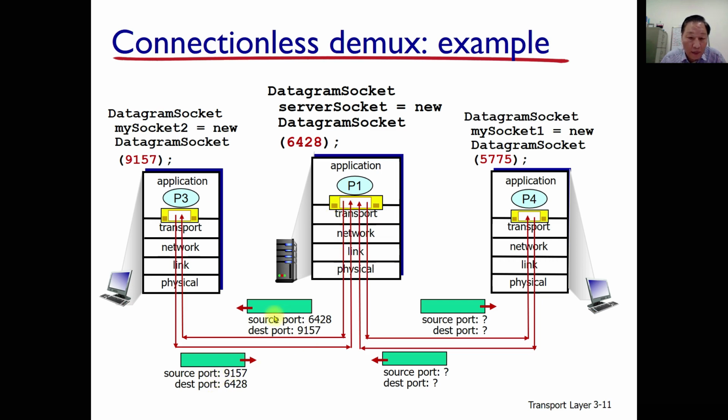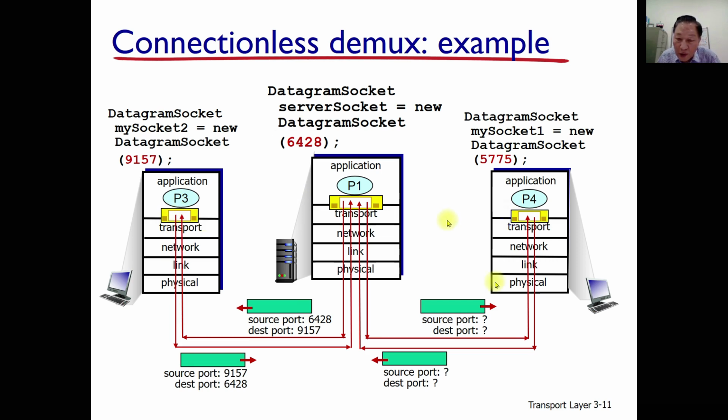And also the segment from this one to this one. Well, this one can be thought of as a packet, but the terminology generally used in the transport layer is segment. We are calling this a packet; this is called a segment. In this segment format, the source port number is this one, and the destination port number is this one.